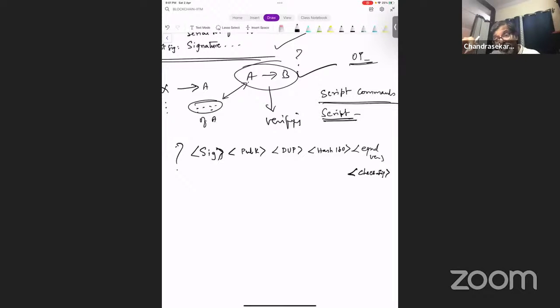That output has got the signature, the public key of A. Everything will be there, right? The public key of A and other details are there. The amount to be transferred, everything. But this is only verifying the validity of the transaction. Okay.